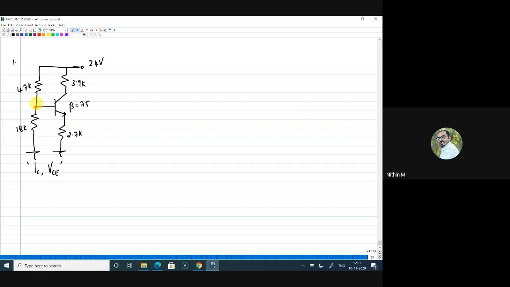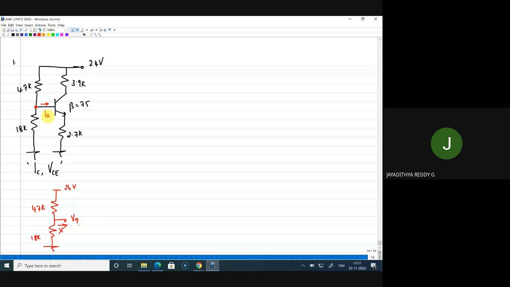Now you meant to say that if you have a connection like this, with 47K and 18K and 24 volts, you can find this voltage, right? Yes, sir. As 24 into 18 by 18 plus 47. But this is true only when there is no current flowing here and this is open. But in our case, there is a current, that is your base current. So what will we do for such a case?